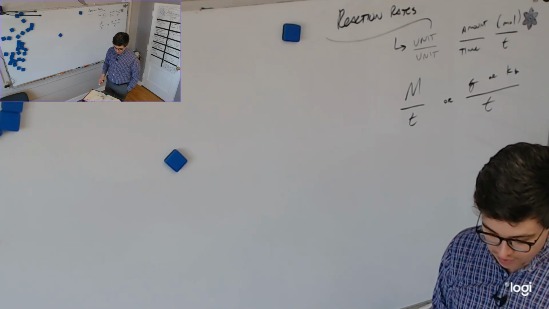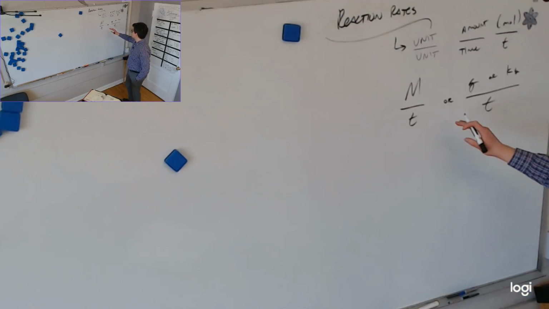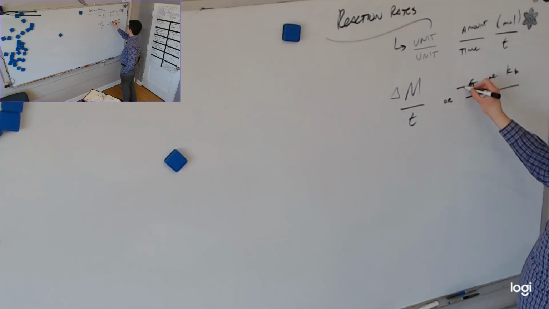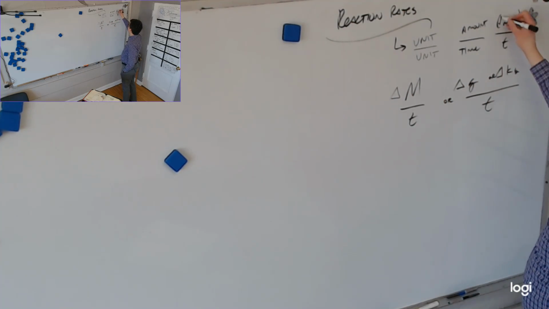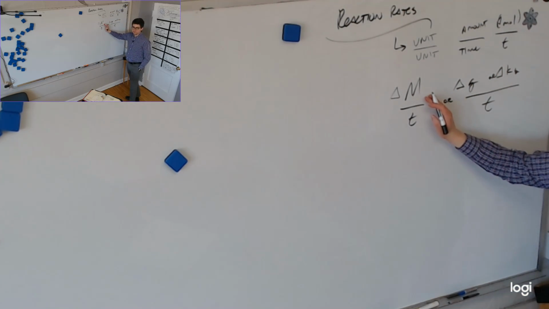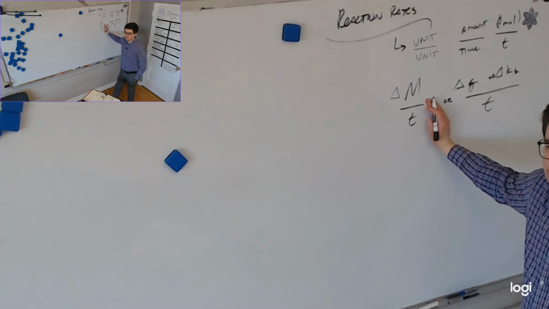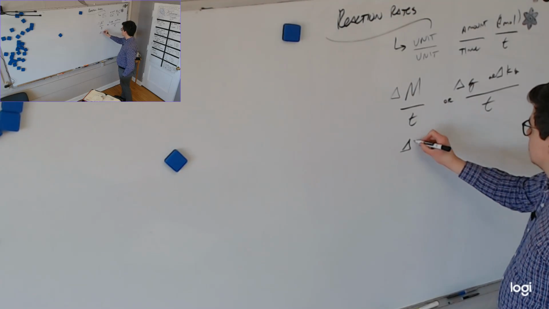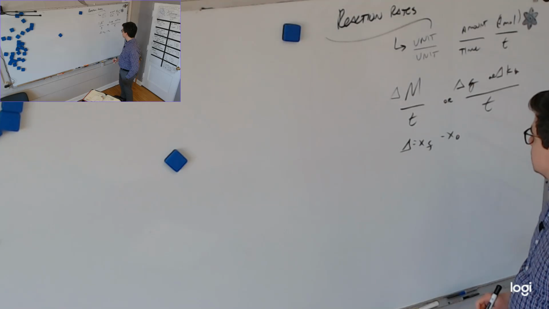Calculate the average reaction rate over time. What that means is you would find the difference in molarity. We could express it this way: delta molarity, delta grams, delta kilograms, delta moles. But it's the change in. What are you subtracting? Delta always implies final minus initial. It's always final minus initial.